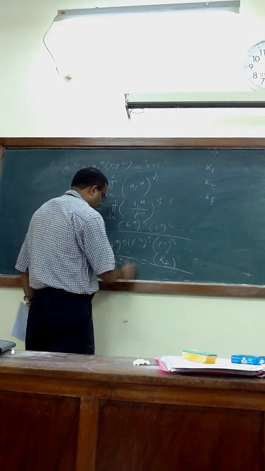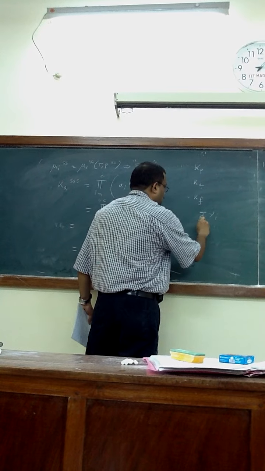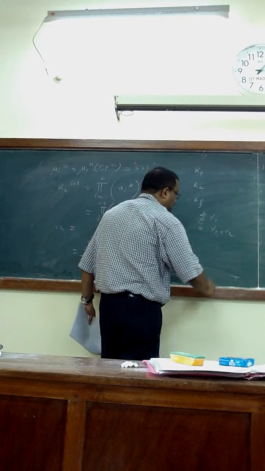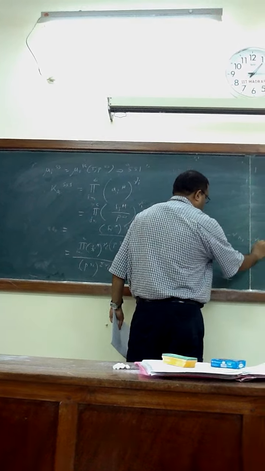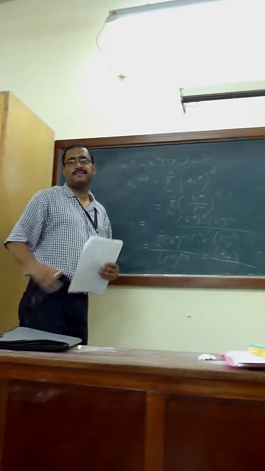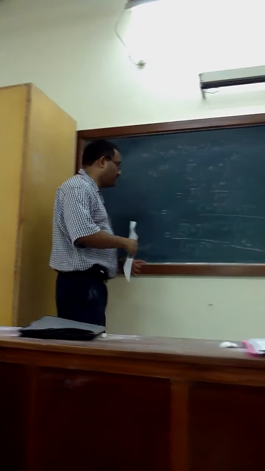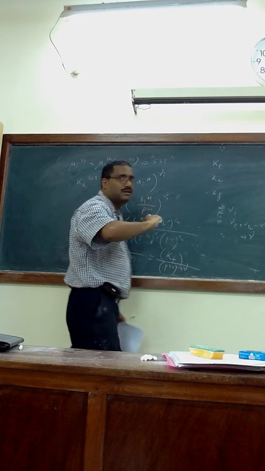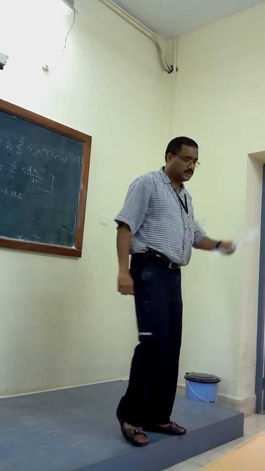Sigma gamma I, I equals 1 to C, is gamma product 1 plus gamma product 2 minus gamma reactant 1 minus gamma reactant 2, so it should be written as delta gamma. For our case, C plus D minus A minus B, delta gamma. So you can write P SS to the power delta gamma.